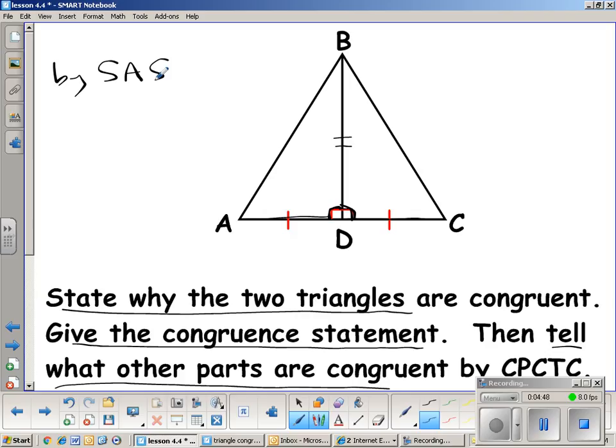The congruent statement means on the statement side of that punchline of the proof, where we said triangle congruent to triangle, what would we write here? Triangle ABD.